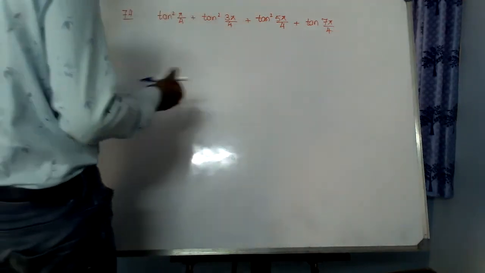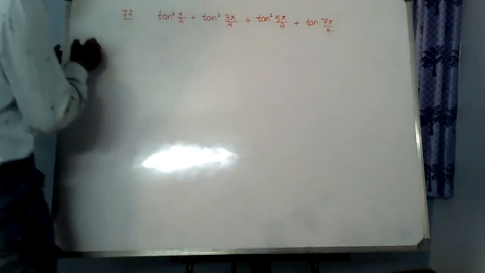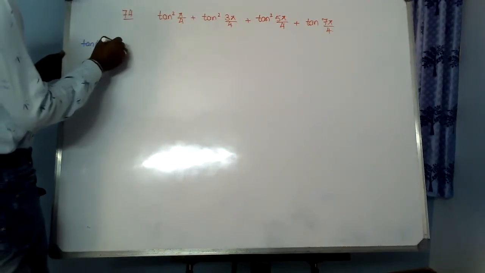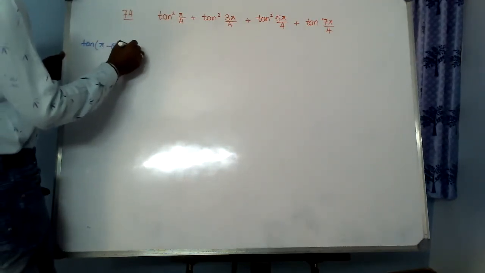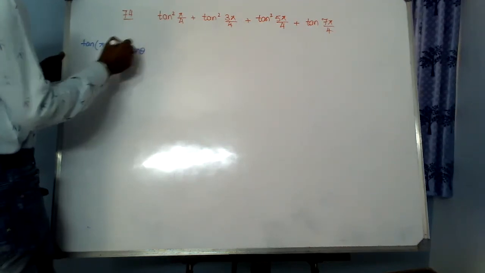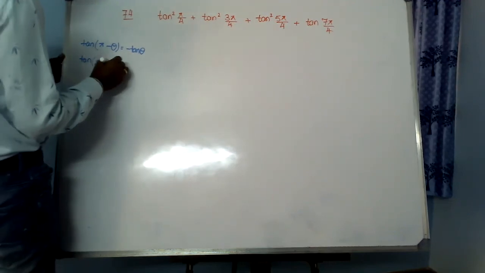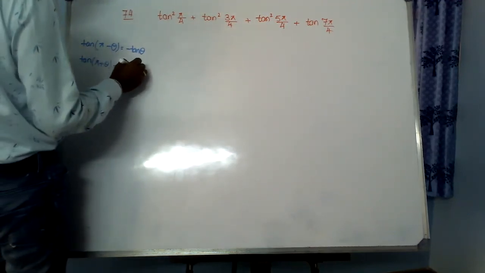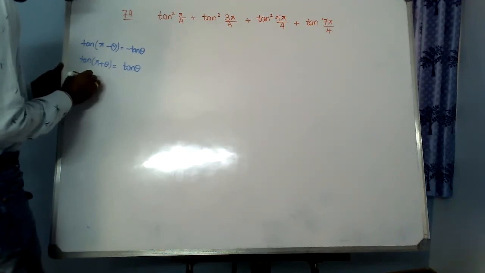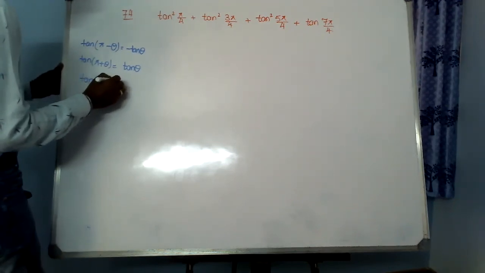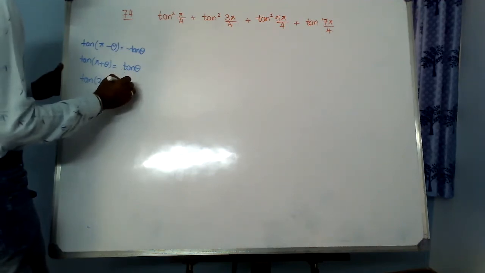So I'll first write the formulas which I'll use. Tan pi minus theta is minus tan theta. Tan pi plus theta is tan theta. Tan 2 pi minus theta is minus tan theta.